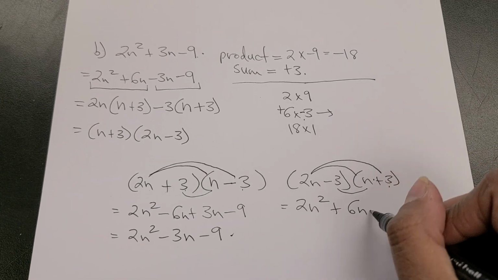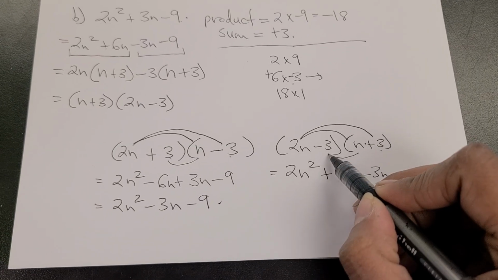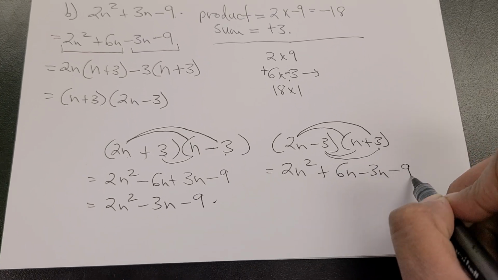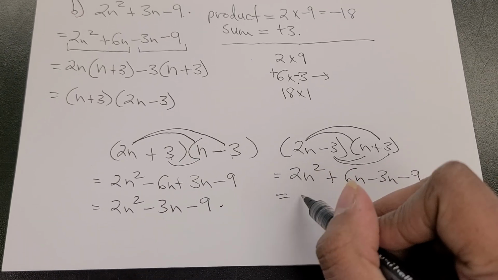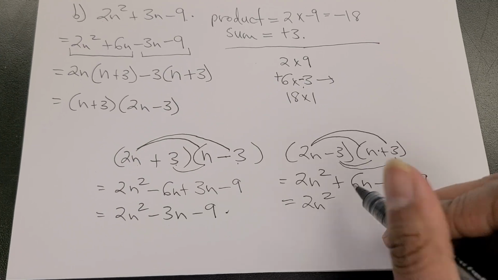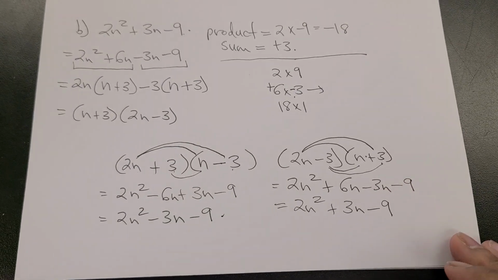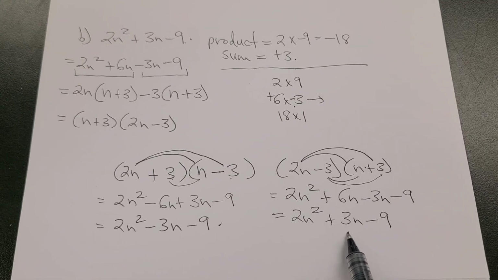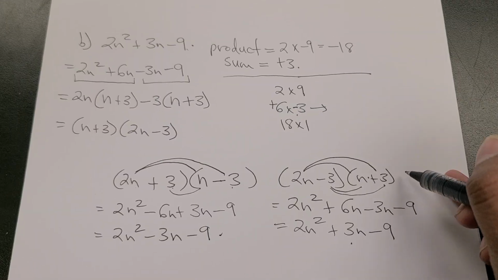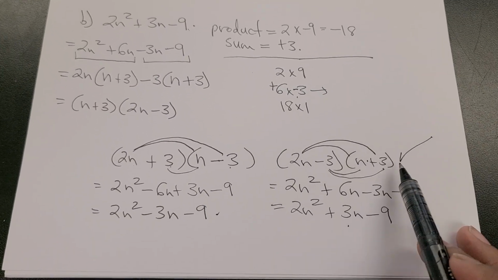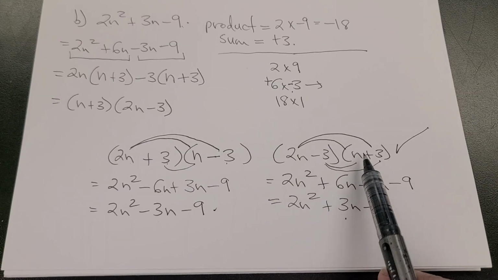Negative 3 times n is negative 3n. Then negative 3 times 3 is negative 9. Every time you fold it out, you're going to put the like terms together. So 2n squared, 6 minus 3, positive 3n minus 9. Do you see that? I'm going to compare this to the original trinomial expression, and they're basically the same. So we should put a check mark right here. So I can see that this is the correct answer with the signs.